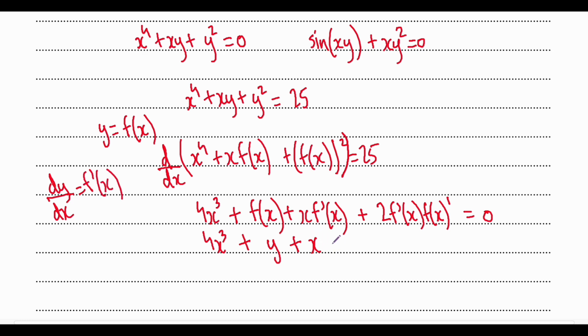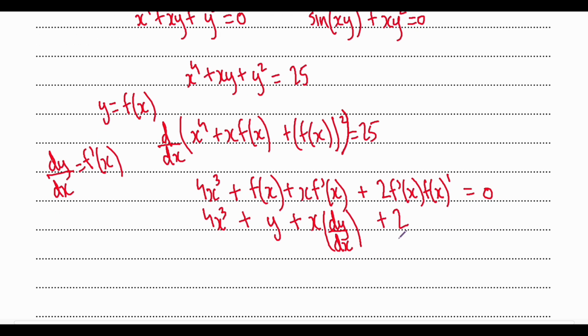So you have x times dy by dx. This is in brackets because you're multiplying these together. Plus 2 times, what's f prime of x? Again, that's just dy by dx, times f of x to the power 1. f of x is just y. So you have 2 dy dx times y. And that is equal to 0.